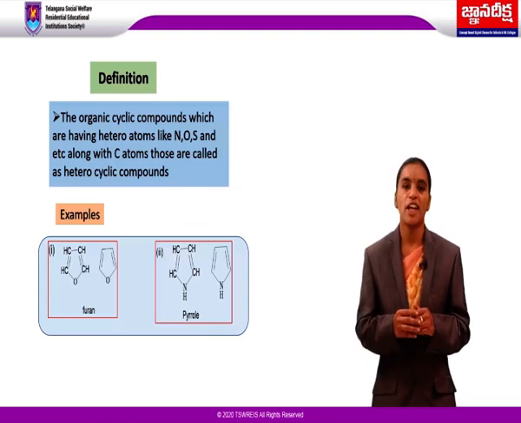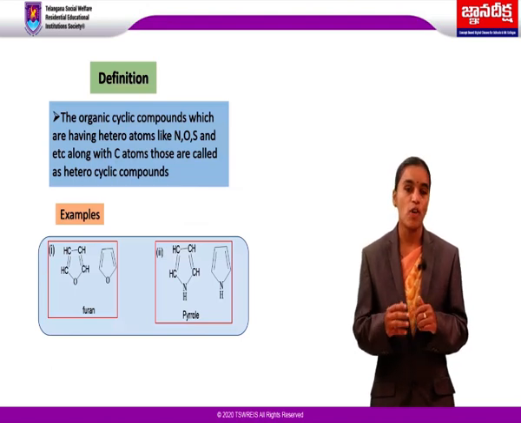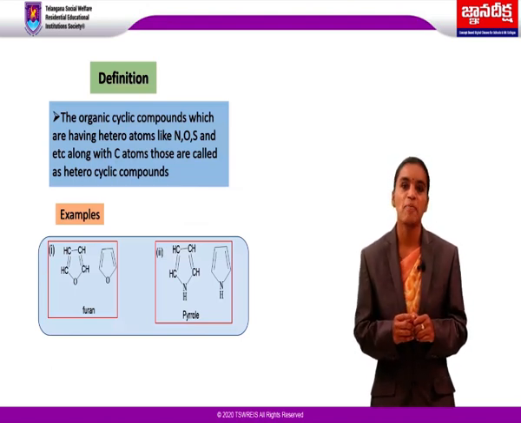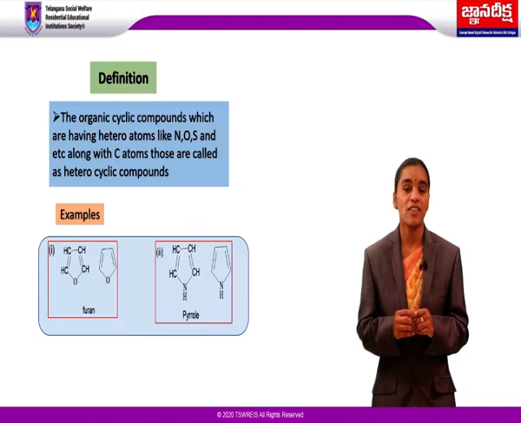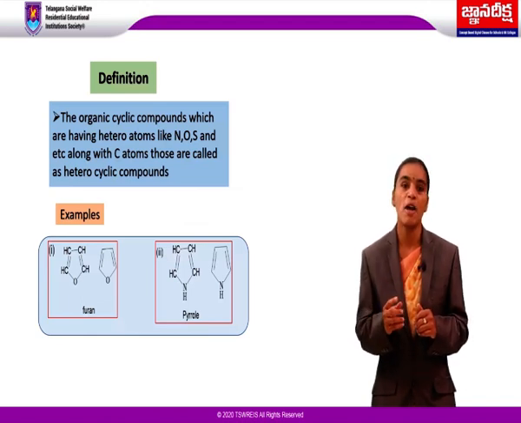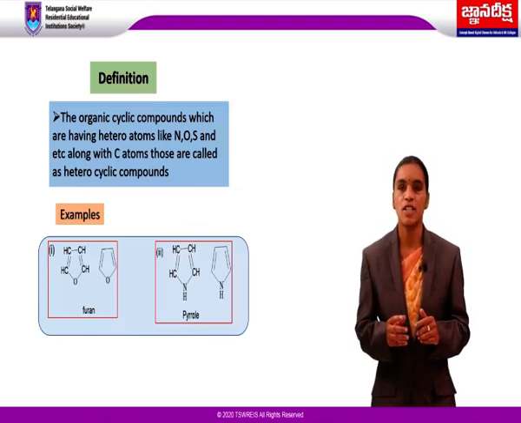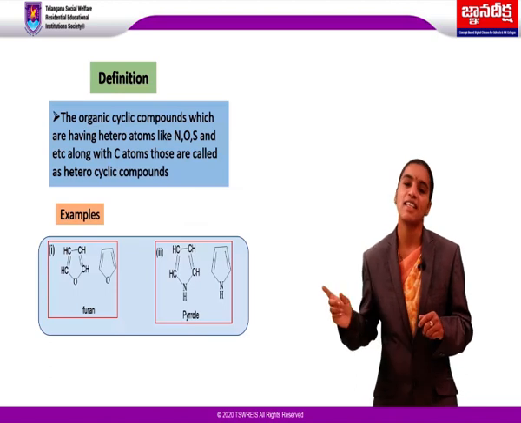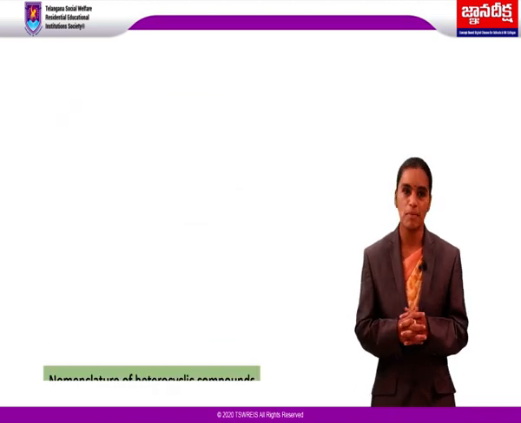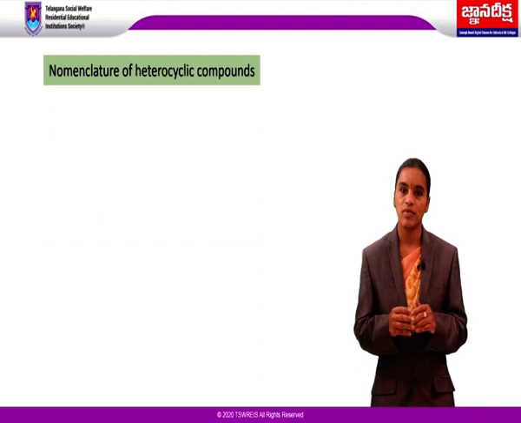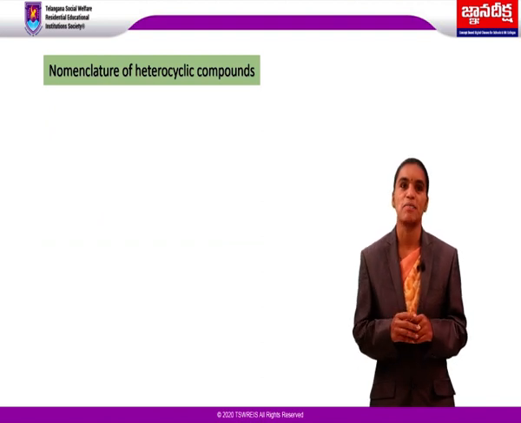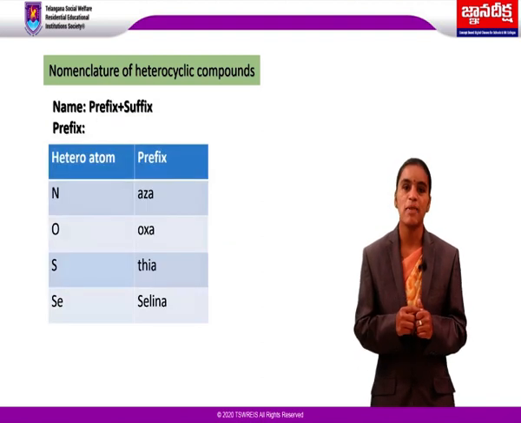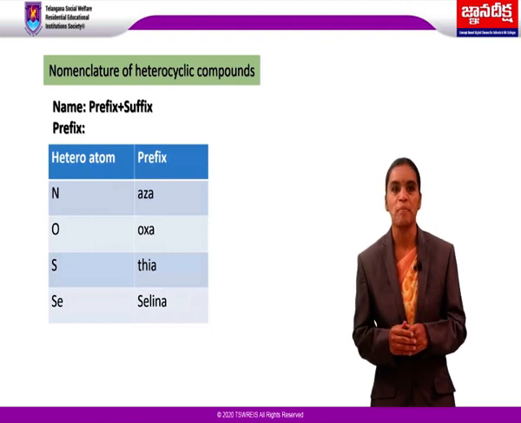So, if we want to read about a particular heterocyclic compound, how can we identify the compound? For example, if we take our classroom and want to introduce a particular student, then we start introducing her by name. Like this, to read about a particular heterocyclic compound, we need the name of the compound. So, let's see the nomenclature of heterocyclic compounds. Generally, these have two types of names: one is the common name and another is the IUPAC name.